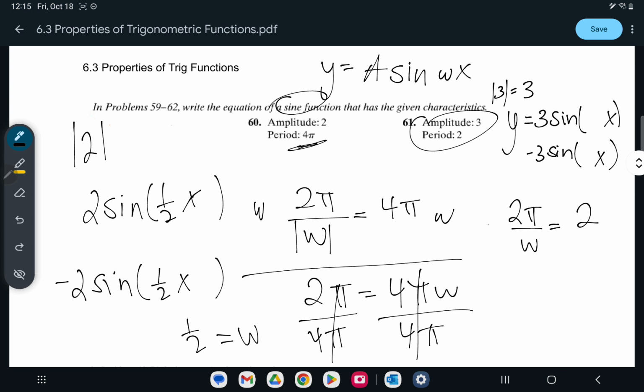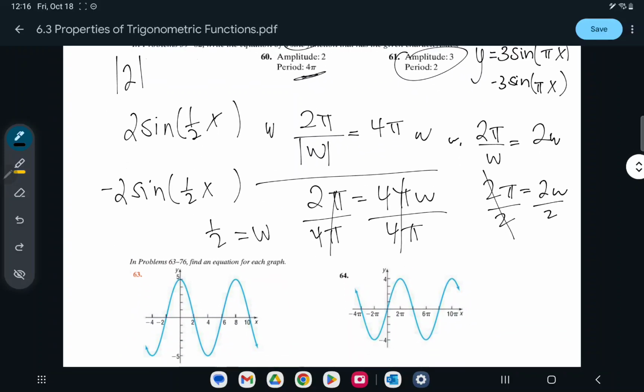So let's see. I could multiply both sides by omega, so 2 pi equals 2 omega, and then we would just divide by 2. So we actually get just pi. All right.